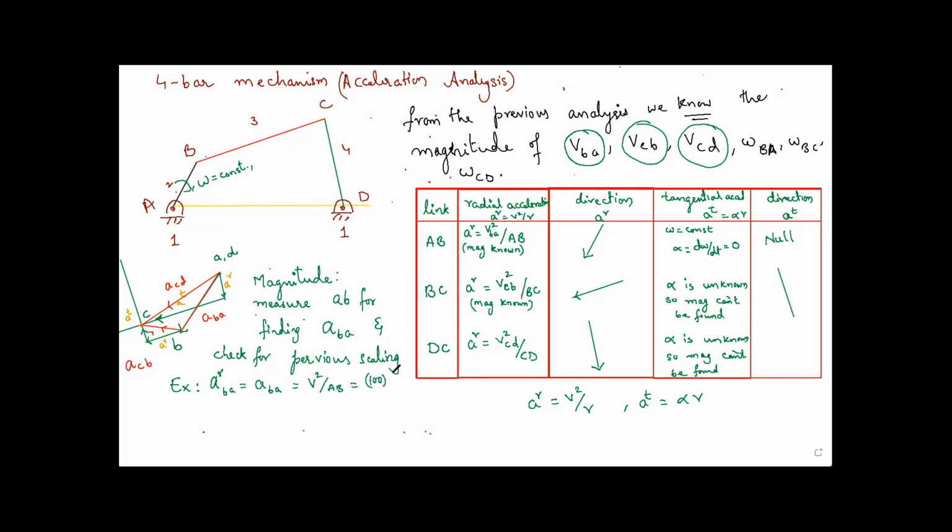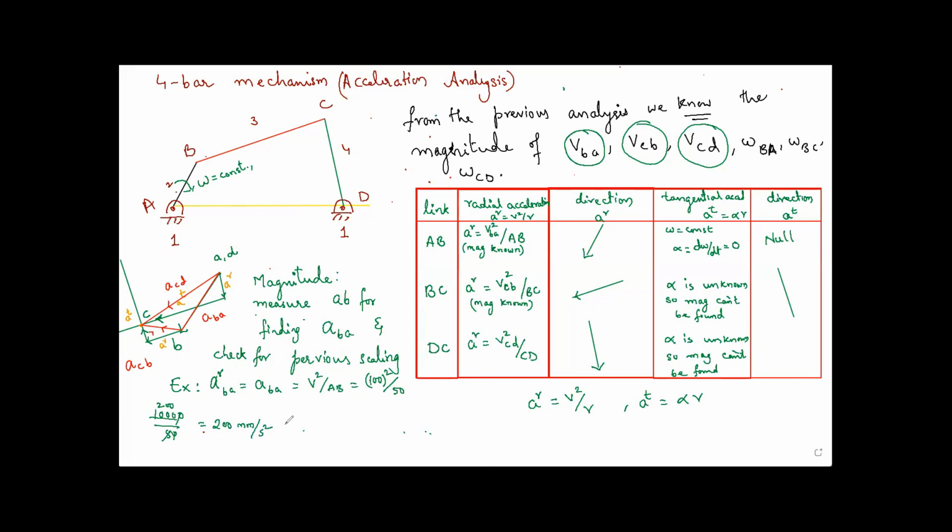You have to descale it and take 100. Don't take 2 centimeters, take 100 from the previous case. And for instance, the value of AB is just 50. So what are you going to get? 100 by 50, and then this will be 200. So I got the value 200 mm per second square, right?